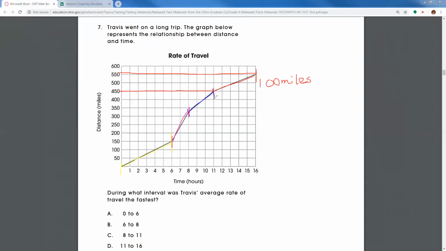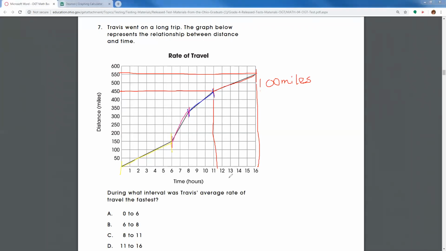If it was from 11 to 16, how many hours did it take us? 16 hours is the entire time, but if we're just looking at that last piece, the time from 11 to 16, it'd be 1, 2, 3, 4, 5 hours.